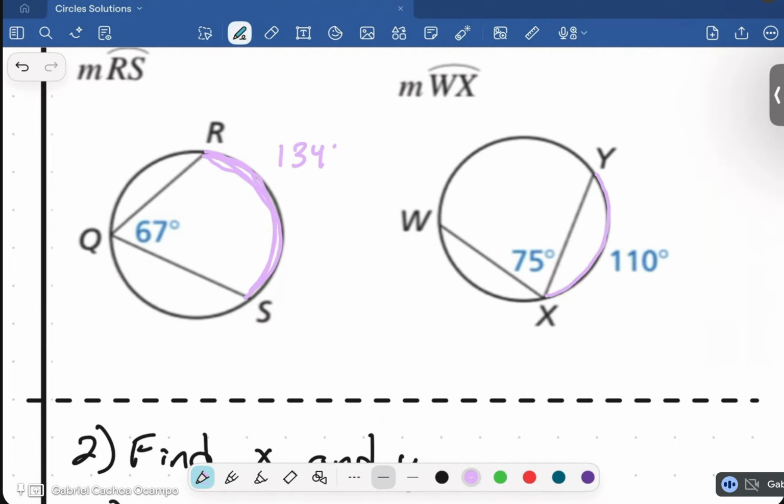If this measures 110, and if this arc measures 75, that means that this measures twice 75. So 75 times 2 is 150. I have 110, 150, and this last arc is going to be 360 minus 150 minus 110. And you can do it.